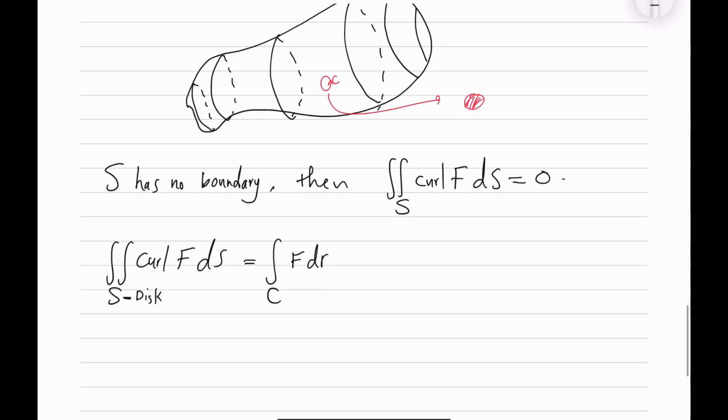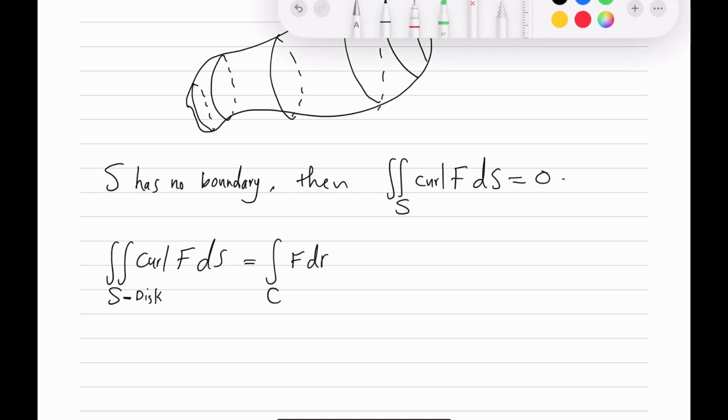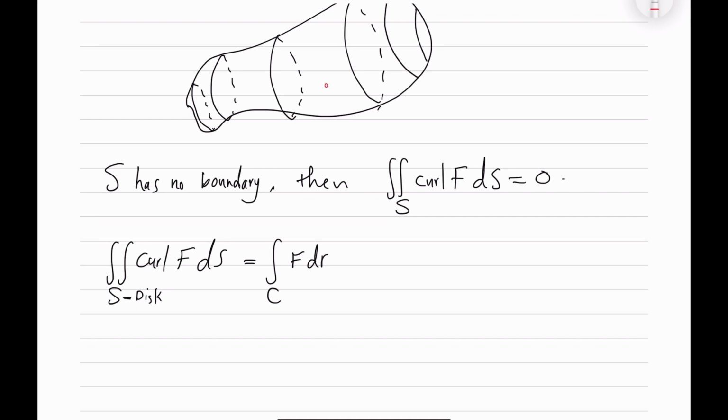Now let's take a limit. Let's take tinier and tinier disks. So we go back here, and instead of removing too much, we just remove a very small disk. And we again orient it, and we do that. And if we take the limit, what happens? If we take smaller and smaller disks, this integral goes to 0 because, well, f is a bounded function, a bounded vector after all, and this C begins to have very small length, and that drives the integral to 0.